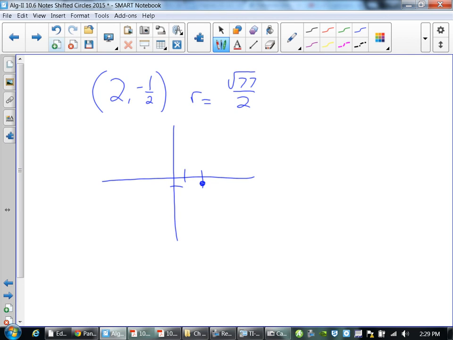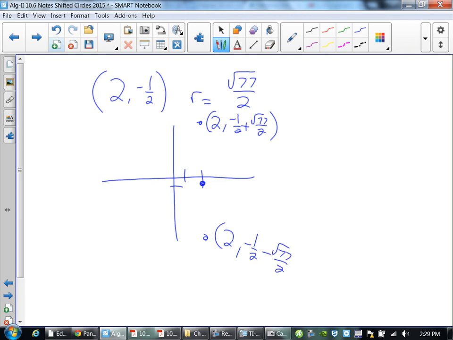There's my center, 2, -1/2. Now, if I'm going to mark the vertical to that, what do I have to add, root 77 over 2? Am I adding it to the x or the y if I'm going vertical? The y. So this ordered pair here would be 2, comma, negative 1/2 plus root 77 over 2. This one would be 2, comma, negative 1/2 minus root 77 over 2.